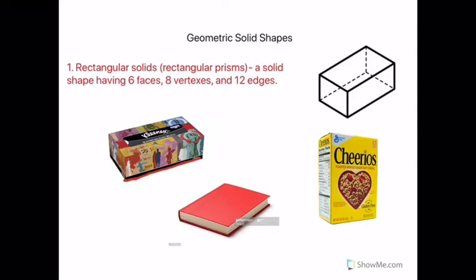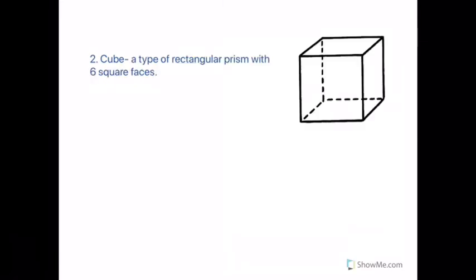All right, let's go on and look at a cube. A cube is a type of rectangular solid or rectangular prism. It has 6 square faces, meaning that all of its faces are congruent, or the same size.